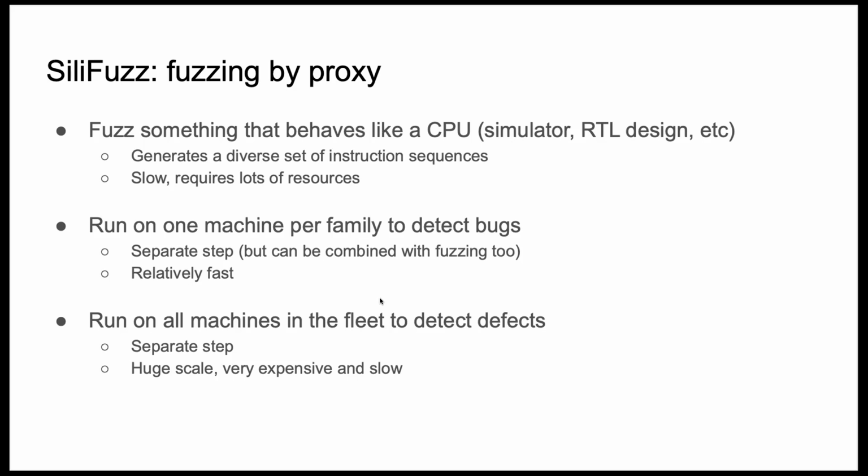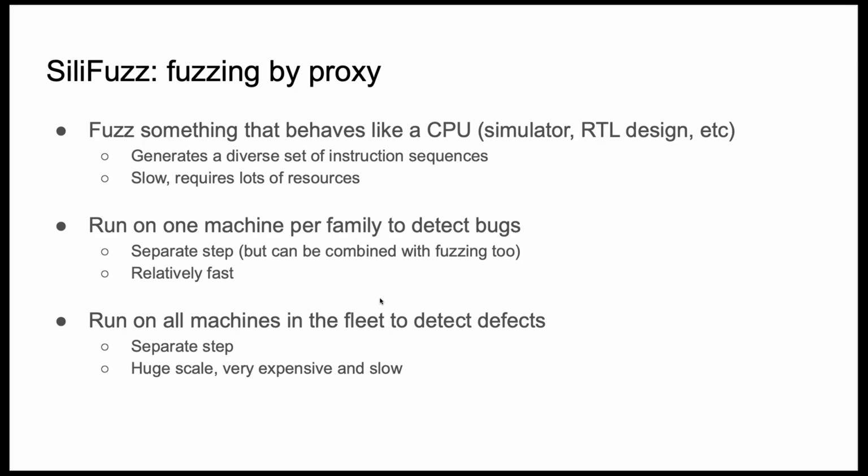We call this approach fuzzing by proxy, where we take some piece of software that behaves like a CPU, for some definition of like. So it could be a simulator, emulator, it could be a full RTL design that we can replay as software. It could even be a static analysis thing that looks at the instruction sequences.